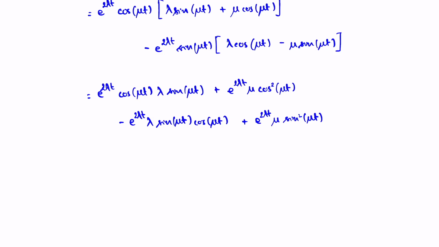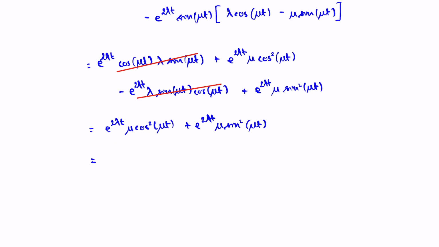So these two terms are the opposite of one another, so I cancel them out. And here I got e to the 2 lambda t times mu times cosine square of mu t plus e to the 2 lambda t times mu times psi square of mu t.